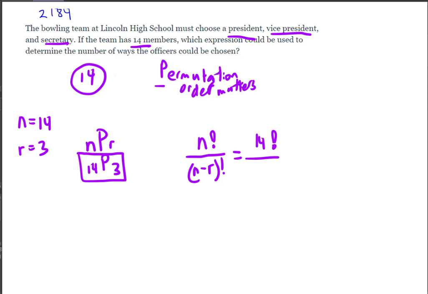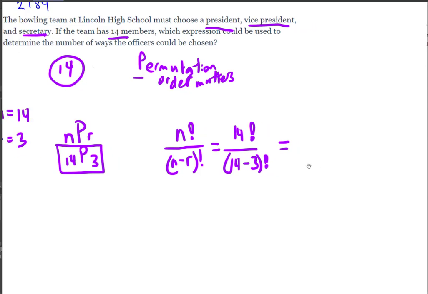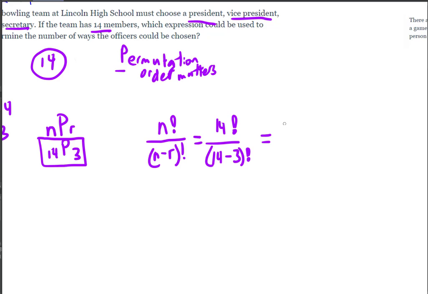All I've done is substituted in for n, over 14 minus my r value, which is 3, factorial. So if I actually calculate this out now, my brain just stopped. Okay, this is going to be 14 times 13 times 12 times 11 times 10. And you know what? I am not going to do all this. I could totally do those in a calculator without anything.